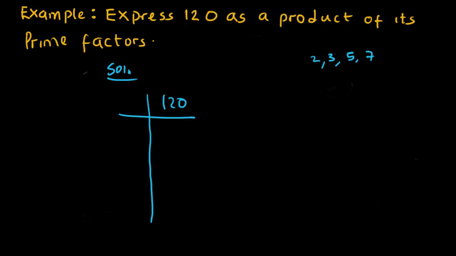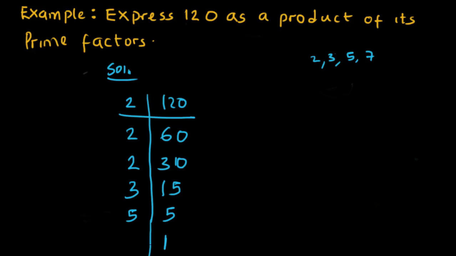So let's go. 120 is an even number, so 2 can go in 120. 2 in 12 is 6. 2 in 0 is 0. 60 is an even number, so 2 can go. 2 in 6 is 3. 2 in 0 is 0. 30 is an even number, so 2 can still go. 2 in 3 is 1, remainder 1. 2 in 10 is 5. Now 15 is an odd number, so 2 cannot go. But we know that 3 can go in 15. 3 in 15 is 5, because 3 times 5 is 15. Now we have 5. 5 in 5 is 1.